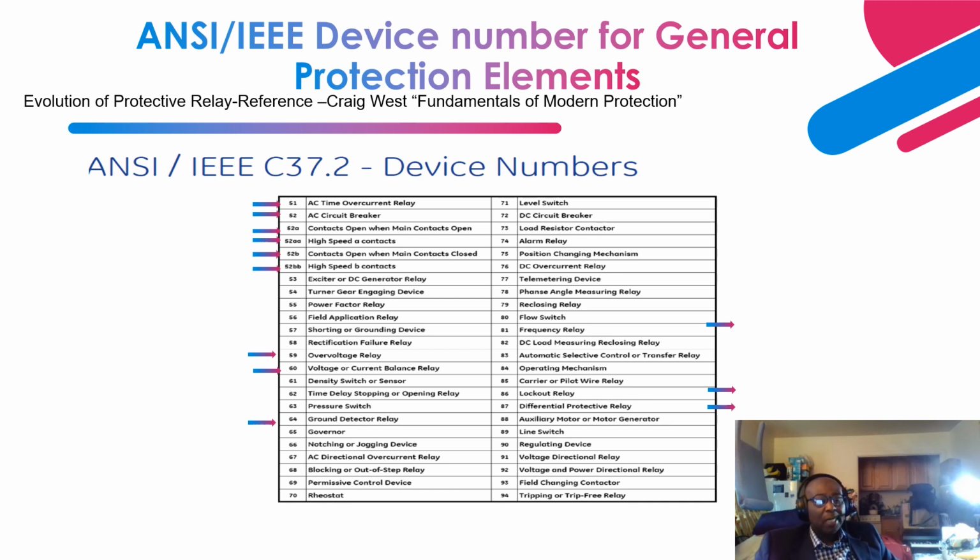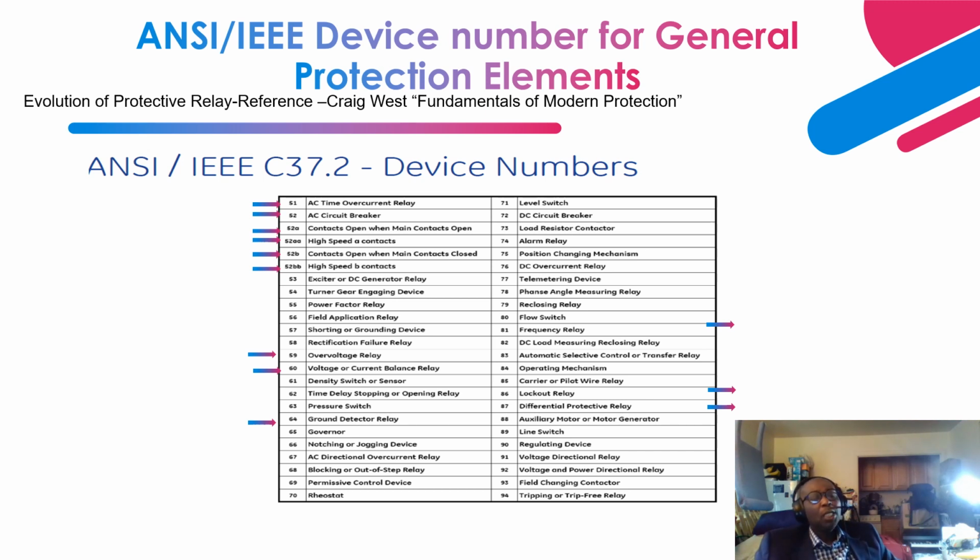For voltage unbalance due to a fuse loss, that's ANSI device 60. Then for ground detection, we utilize 64. For frequency element protection, we utilize ANSI device 81. Then lockout relay is ANSI device 86.